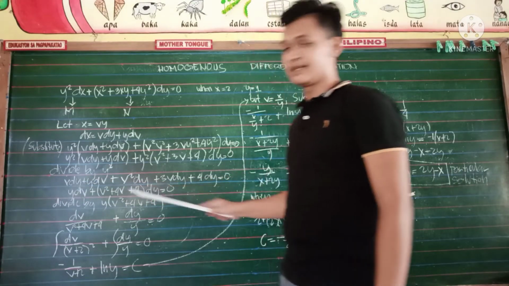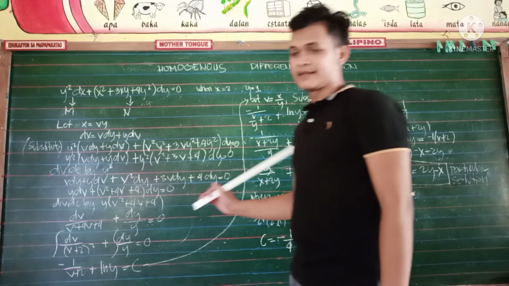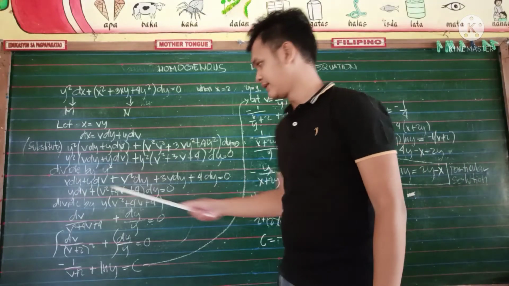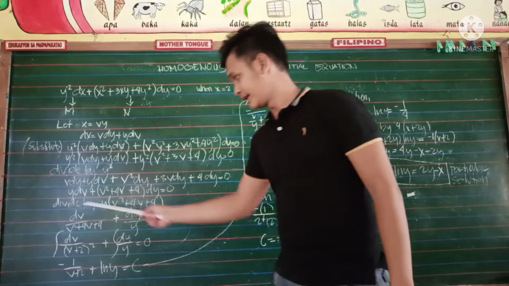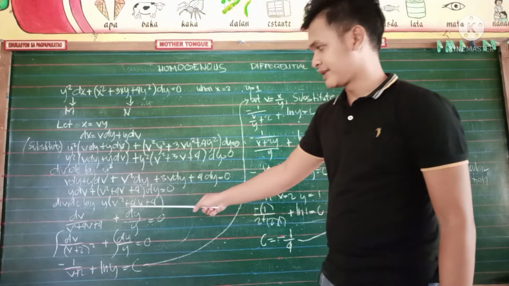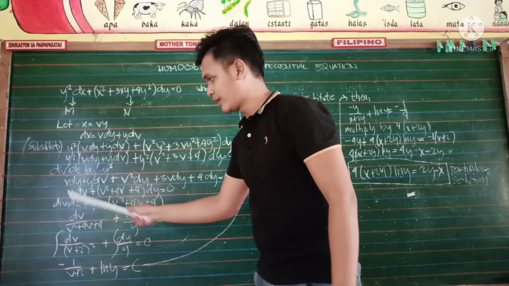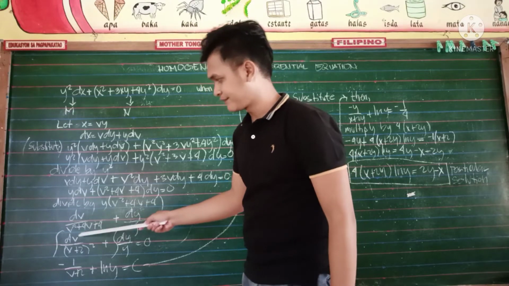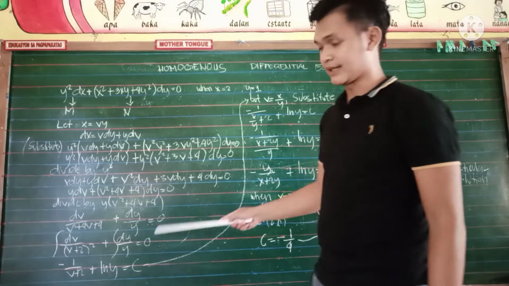The general solution requires that we group the like terms, the dv to v and the dy to y. So divide both sides by y times (v squared plus 4v plus 4). Cancel out the y, so dv over v squared plus 4v plus 4 plus dy over y is equal to 0.